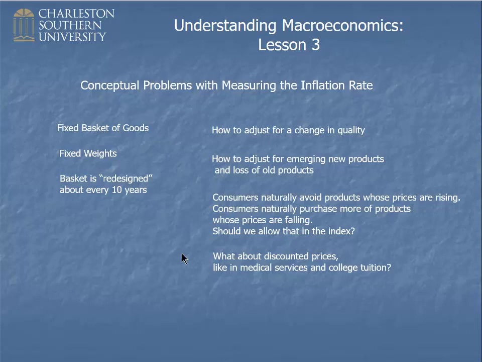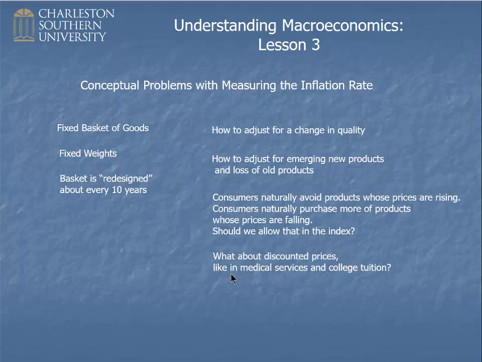Then finally, what about discounted prices? It sounds a little odd, but I'm sure you're very aware that in medical services, there is the list price of what something costs, and then there is the price that actually got paid by your insurance carrier. And the difference between the list price of a medical service and what the insurance company actually paid can be huge.